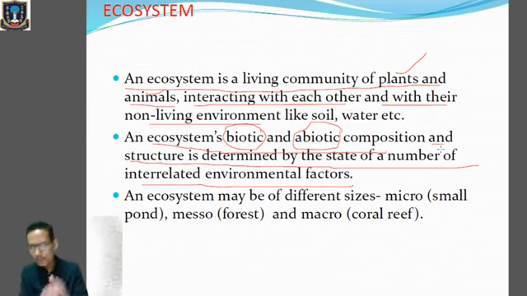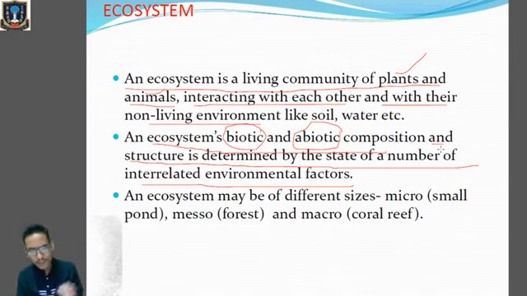So the composition of an ecosystem is totally under the control of environmental factors, because in an ecosystem we not only find interaction between the living components, but also interaction with the environment where we live, and those environmental factors also change the ecosystem of a particular place or habitat.